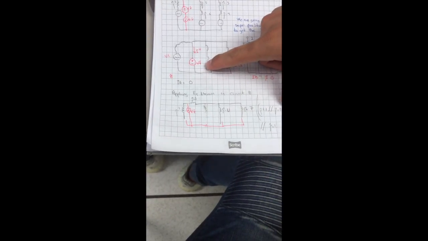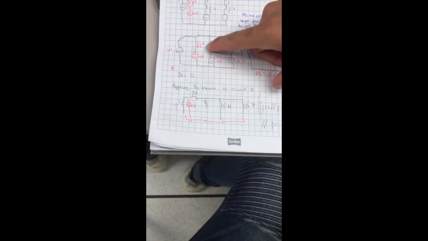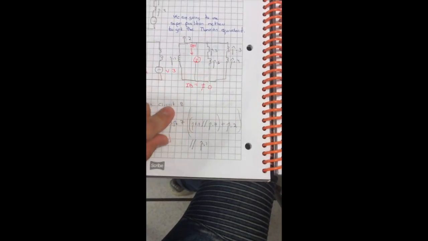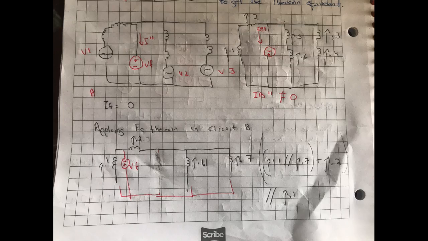Due to that, we know that BF only occurs before the fault. So that's why IB prime is equal to 0. Then, in this case, IB is different from 0. As we said, IB is different from 0, so we need to calculate that current.